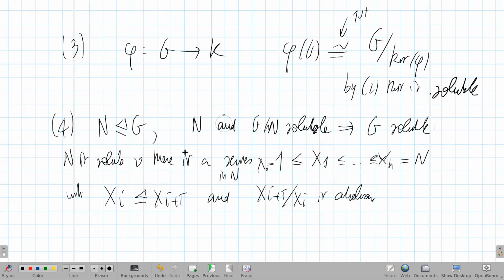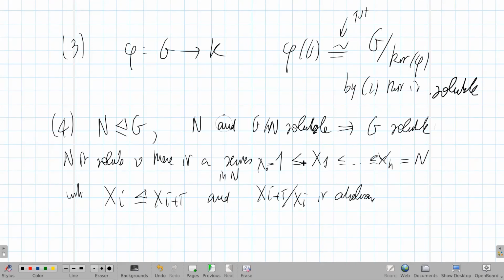Okay, so N is soluble, and this means there is a series like this, just a series, okay? All terms are normal in the next. Why is this important? Because if I am talking about a normal series, I can have subgroups that are normal in N, but then I cannot get a normal series of G, because normality is non-transitive.